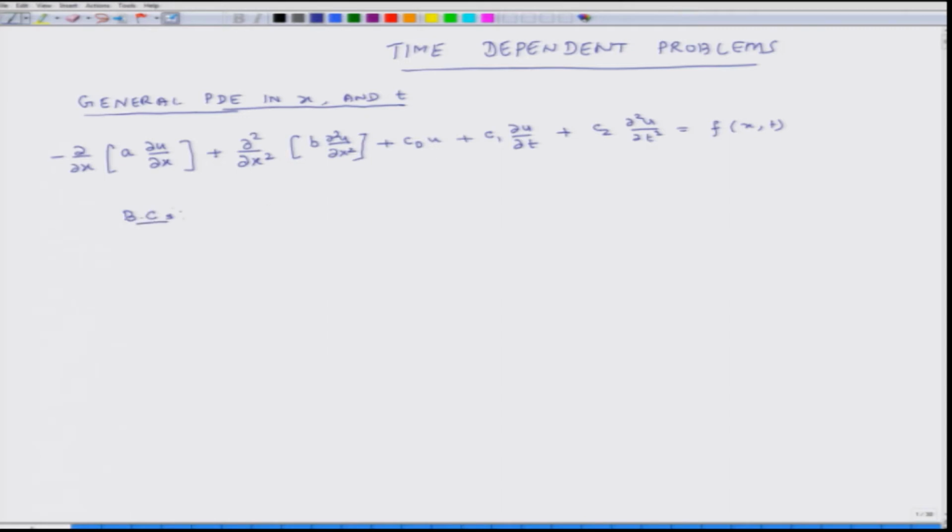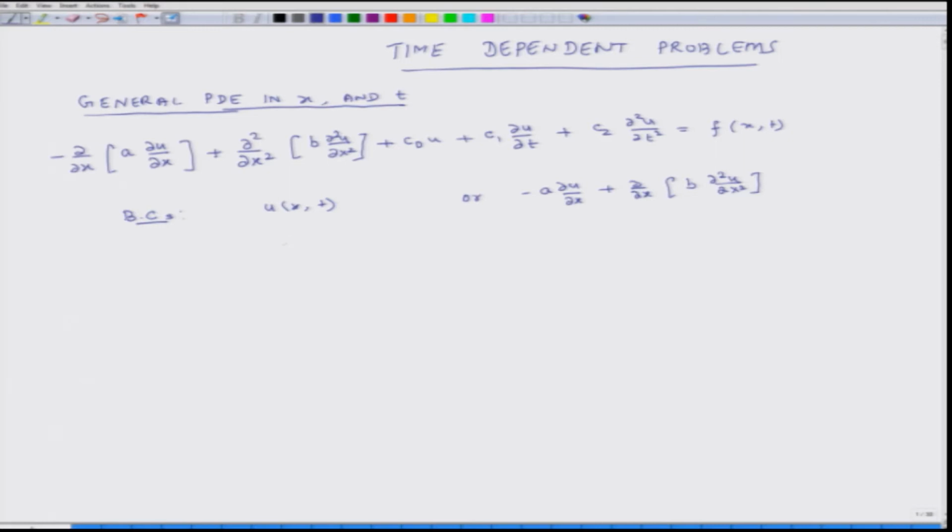The boundary conditions would be that either at the boundaries u is known, or we know the corresponding secondary variable, which is minus a del u over del x plus del over del x of b times del 2 u over del x square.